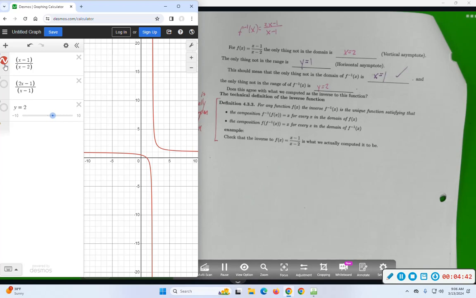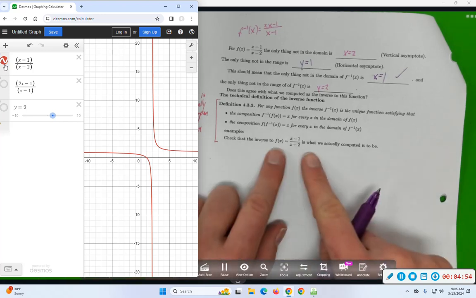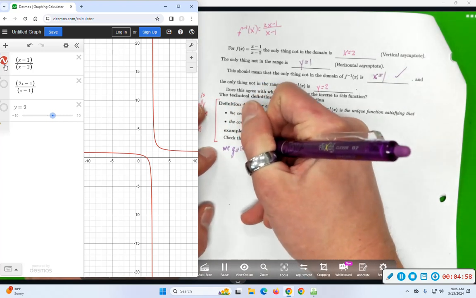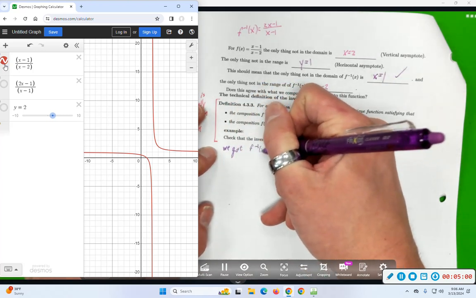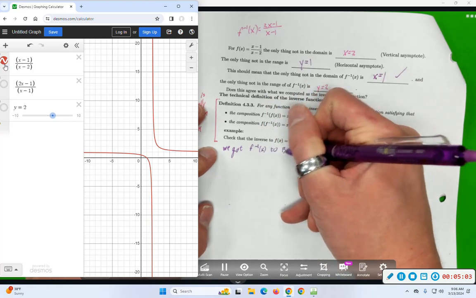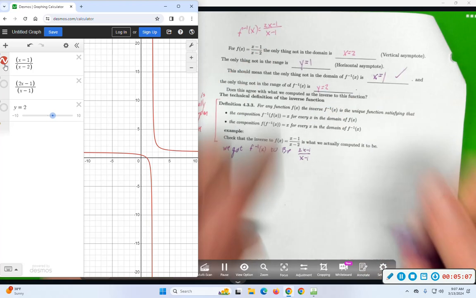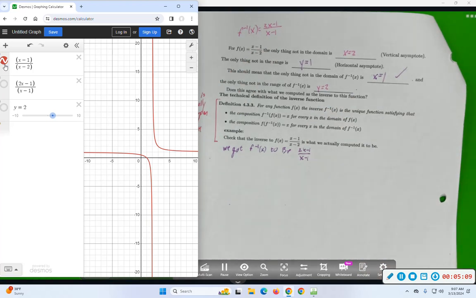So if someone asks you to check that a function is the inverse to this function, here's what they're asking you to do. So we got f inverse of x to be this pink function, 2x minus 1 over x minus 1. So this exercise is asking you to check that this is actually the inverse to this function by verifying these equations.